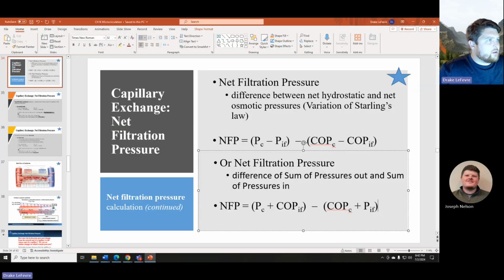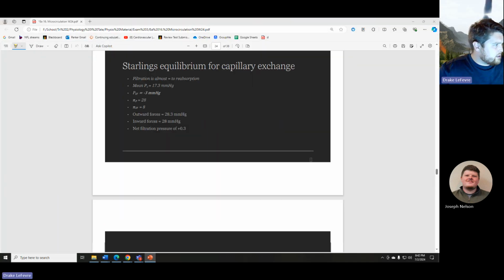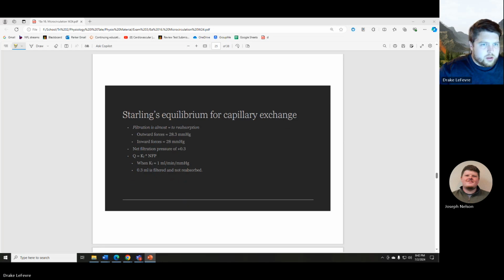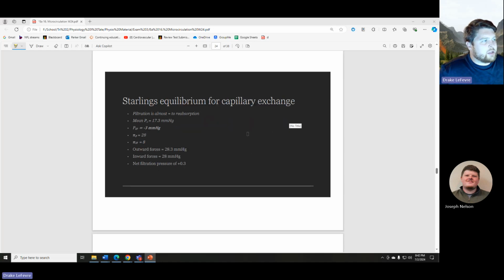See, Starling's equilibrium. So Starling's equilibrium for capillary exchange.